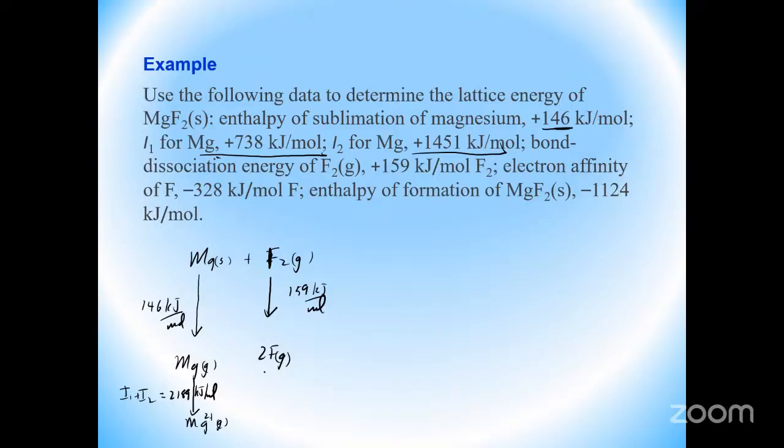Okay, and then now in the case of fluorine to be converted to 2 fluoride ions, the electron affinity for 2 fluorine atoms would be 2 times the electron affinity for 1, right? So that will be 2 times, okay, what's the electron affinity? Minus 328 kilojoules per mole. All right.